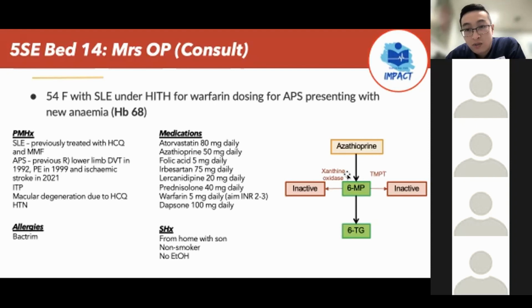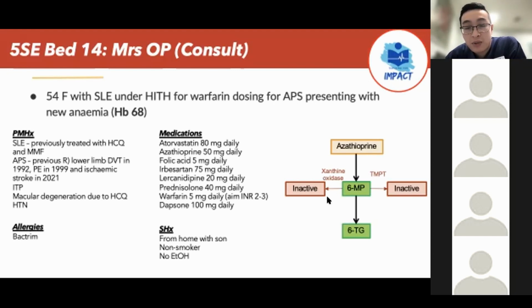Because you can see from this diagram that if the patient has TPMT mutations that knock out TPMT, then a lot of the 6-mercaptopurine will get shunted into this active ingredient, and patients will present with azathioprine toxicity. So usually we don't like to give people with TPMT mutations azathioprine. So you need to check TPMT genotype before commencing azathioprine.